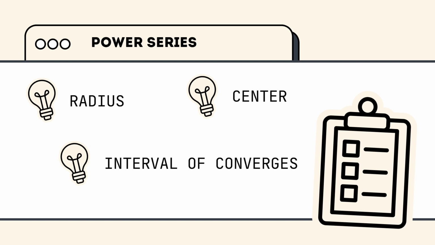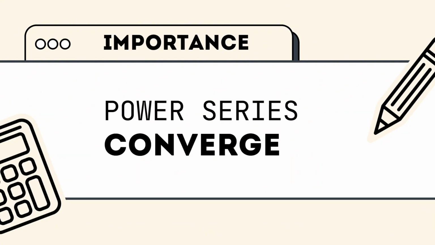Determine the radius, center, and interval of convergence of the power series using the ratio test. Power series convergence is crucial because it allows us to represent functions as an infinite sum of simpler terms, enabling us to analyze and manipulate them more easily.